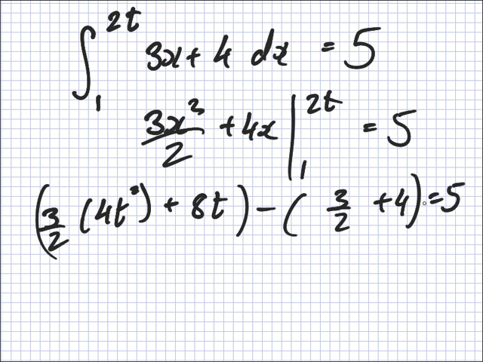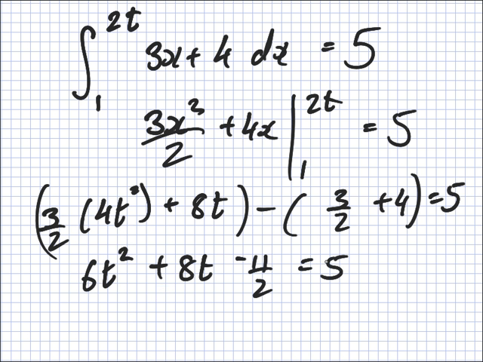Wait, how did you get 4t? 2t squared. Oh, okay. So 2 goes into 4 twice, so that's 6t squared plus 8t. That's 11 over 2, is it? Yeah. So minus 11 over 2 should equal 5.